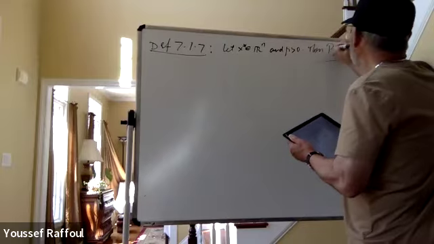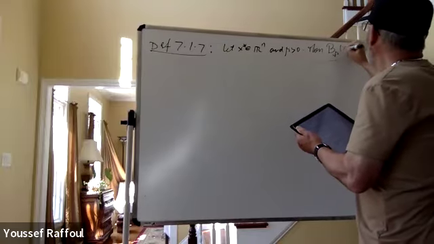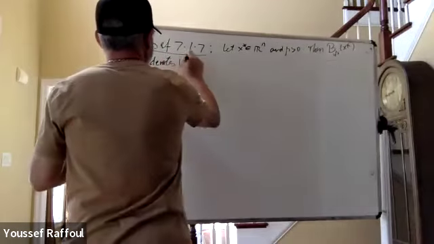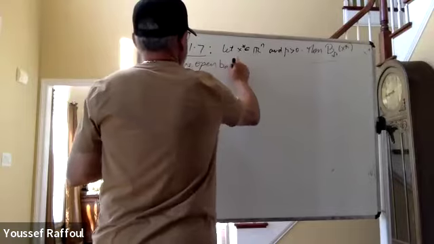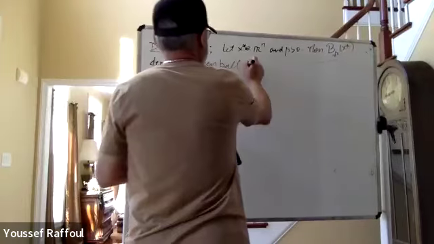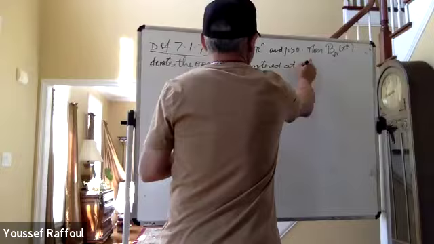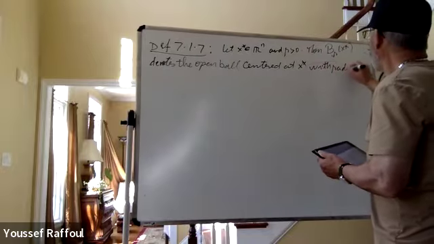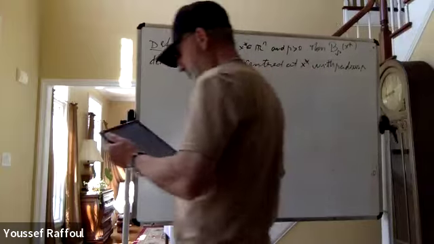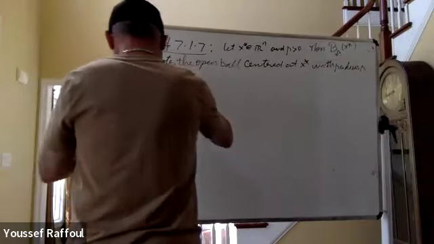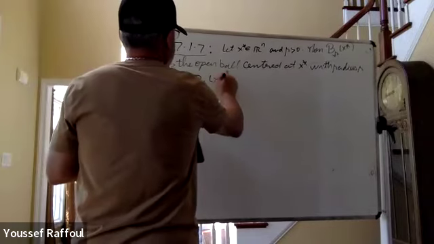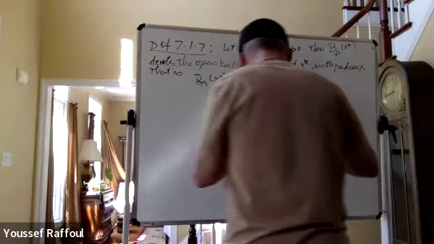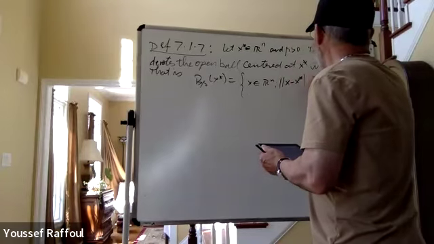Then B_R of X star denotes the open ball centered at X star with radius R. All right, that is B_R of X star equal to the set of all points X in Rn such that the norm of X minus X star is less than R.